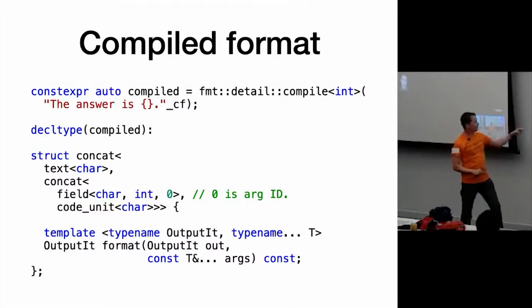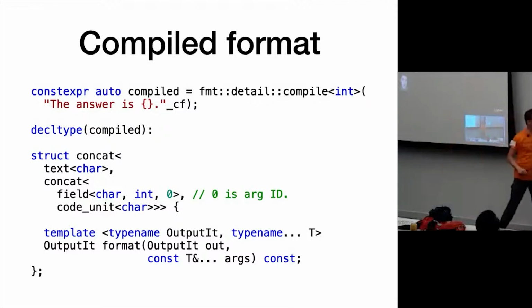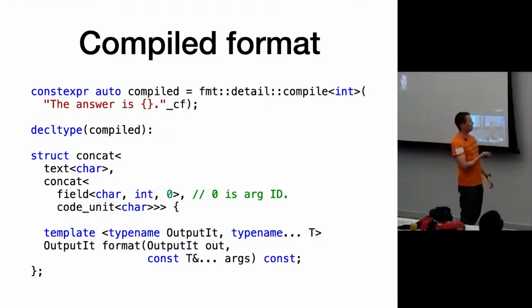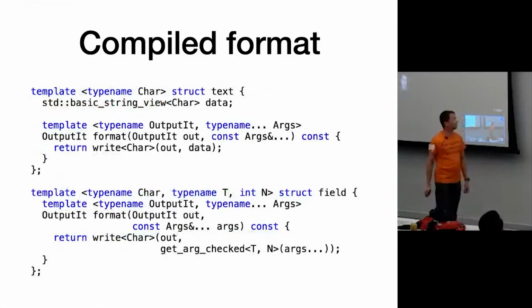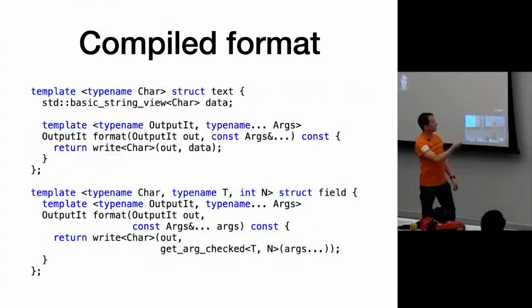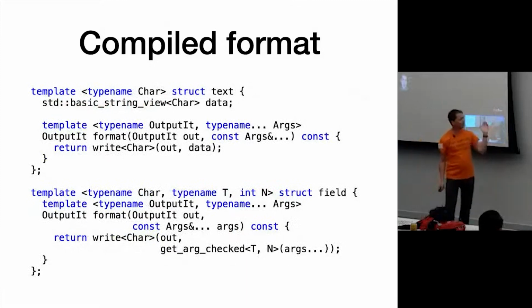So it is compiled into this object. And this type has a format function that knows how to output itself to the output iterator. This is one simple example of what text here is. Text represents a piece of literal text. It's just a string view which knows how to copy itself into the output iterator. So it's one of the simplest. And then we have field, which represents a single reference to a single argument.